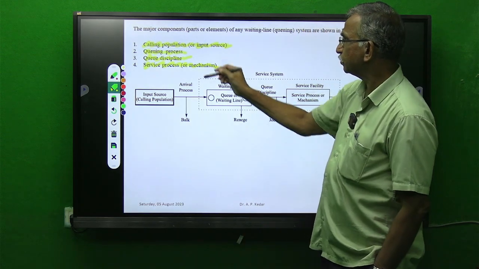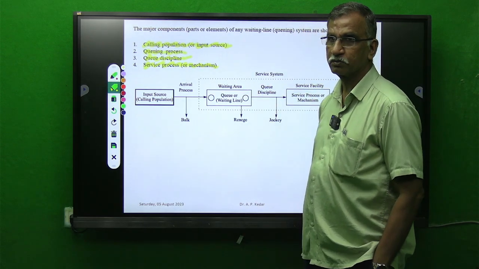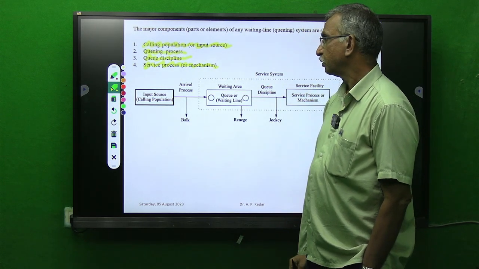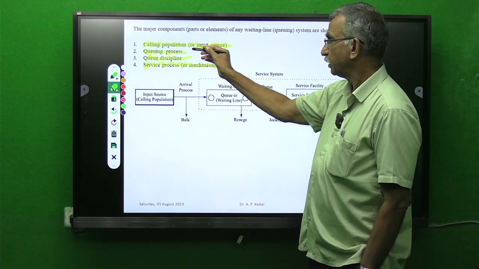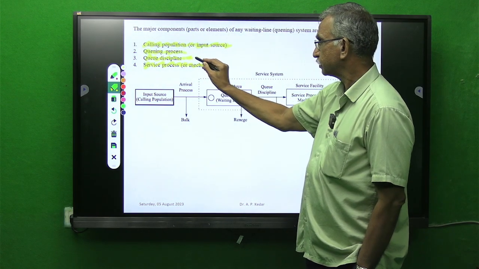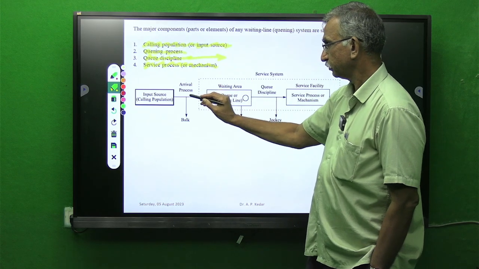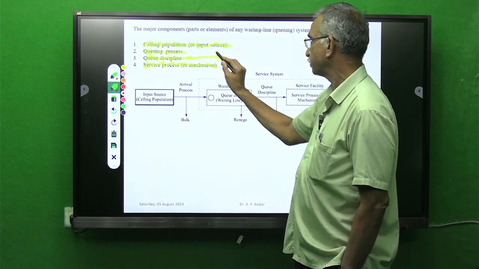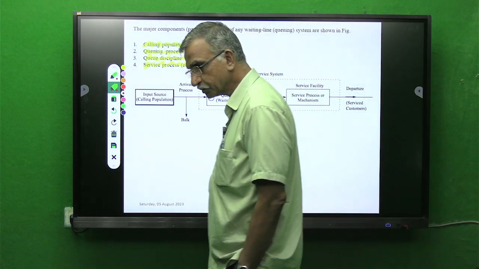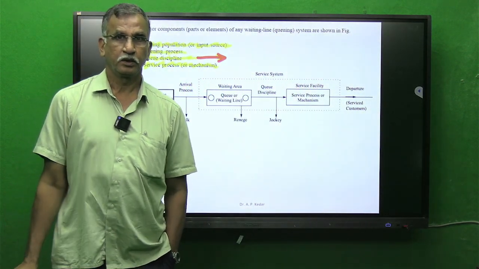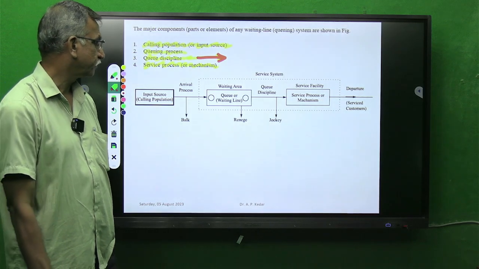Because queues are formed, we have to serve the queues in an optimized way, and this queue discipline portrays the order, the nature in which queues are handled.